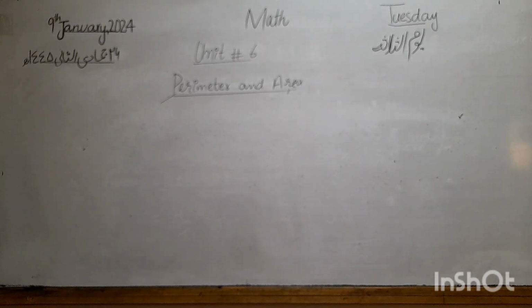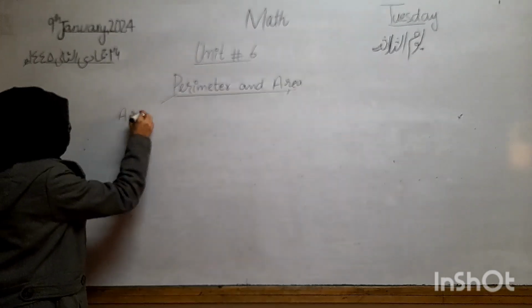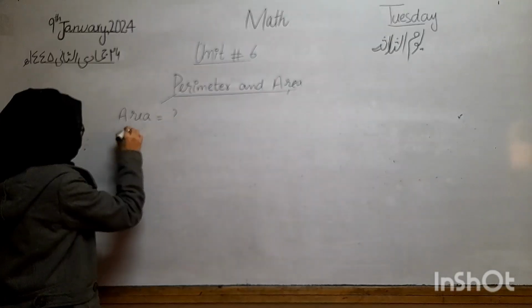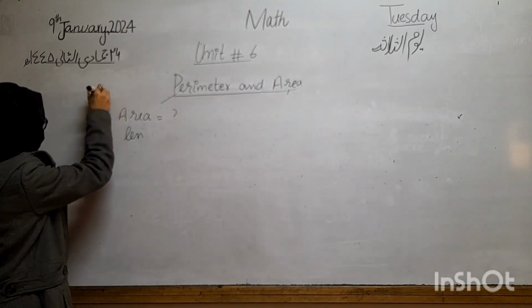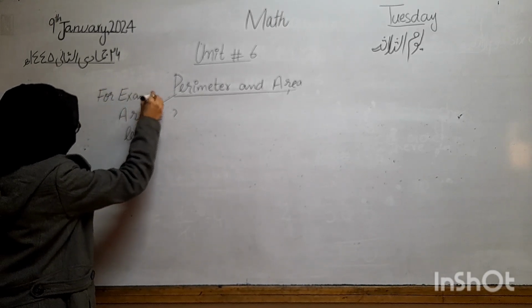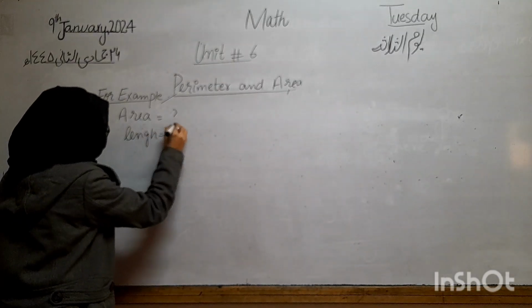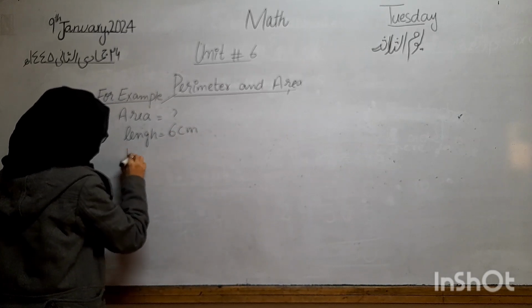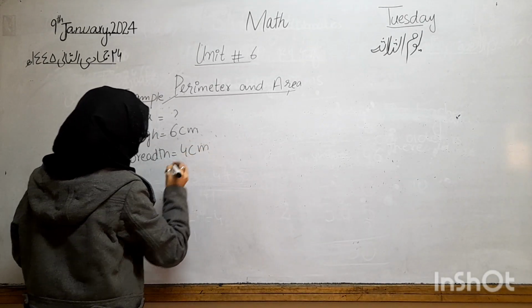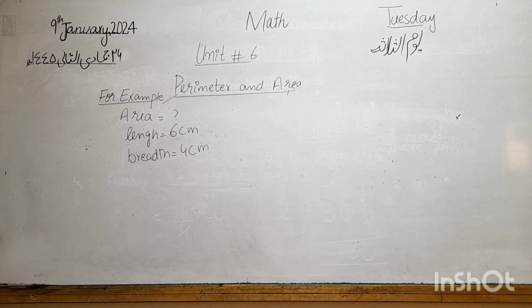For example, we have to find the area. Length is 6 centimeter and breadth is 4 centimeter. What is the formula of area? Good.